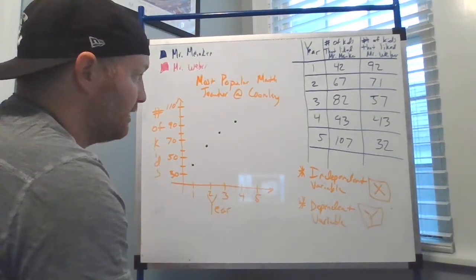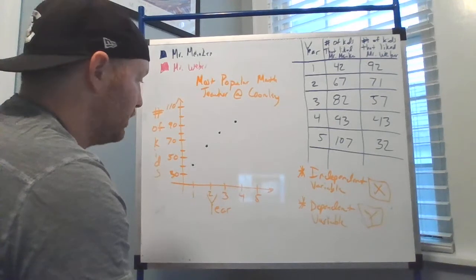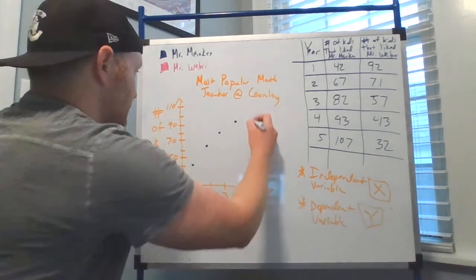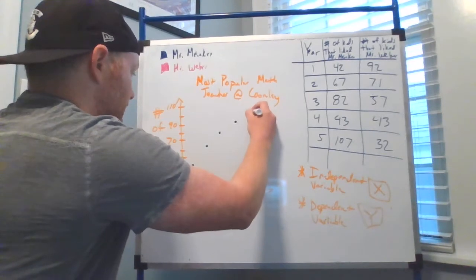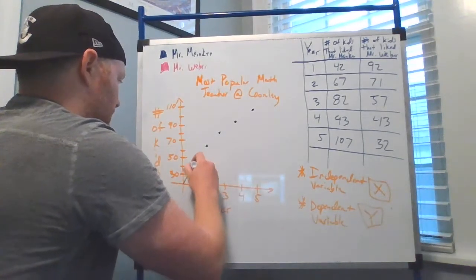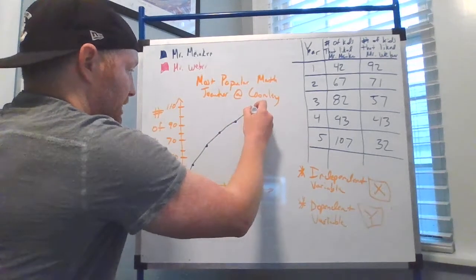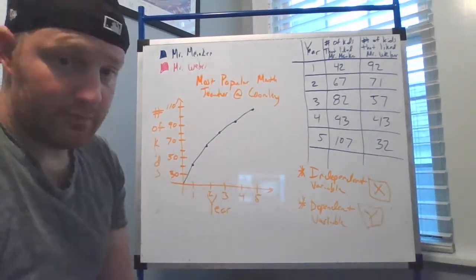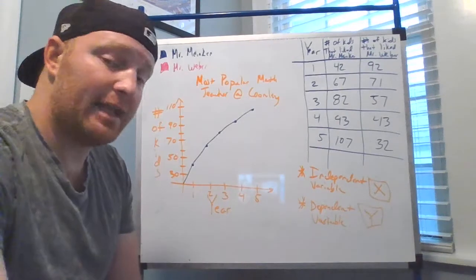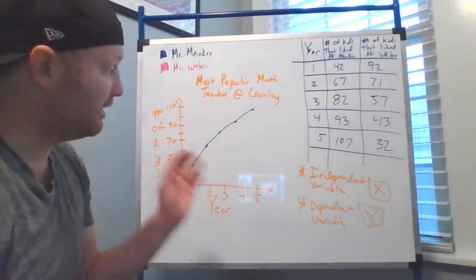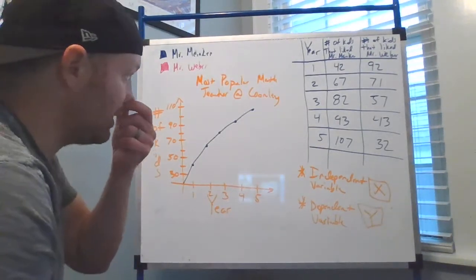And 5, 107. 5, 107, right about there. And I'm just connecting all the dots. Now, we know this is not linear, but it does have a linear trend. Okay, we'll get to this in a minute.